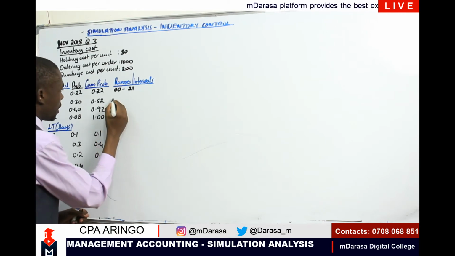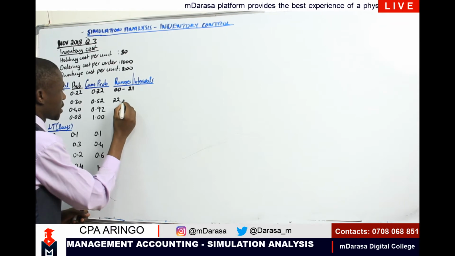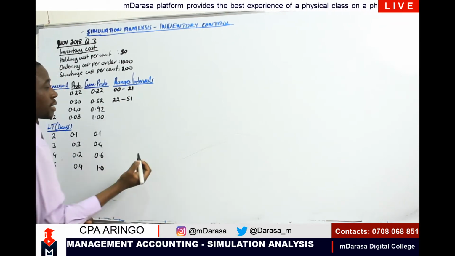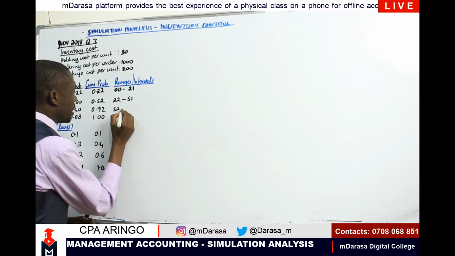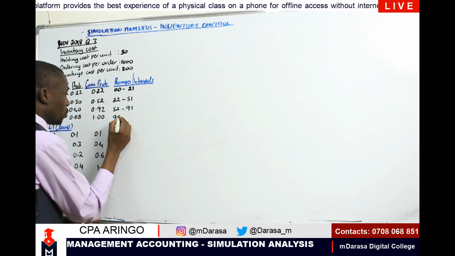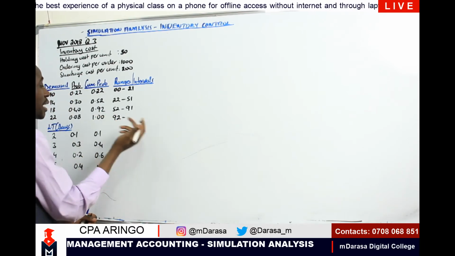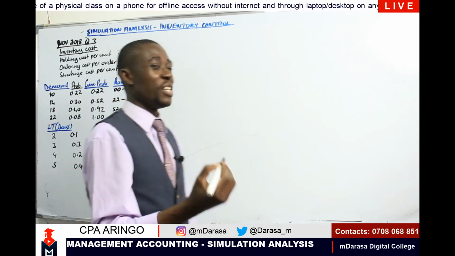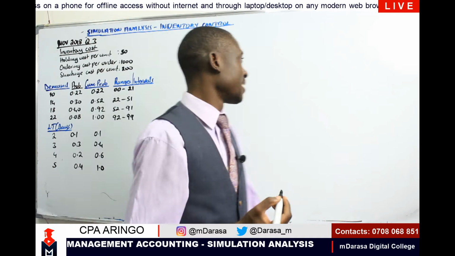Then the next range starts at 22. To the lower limit of 52, I should have 51. For 92, I should have 91. And for 100, that is 00, I should have 99. That is what we need to always master and keep at the back of our mind.